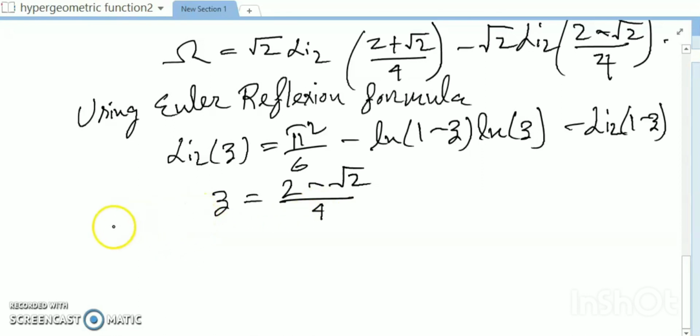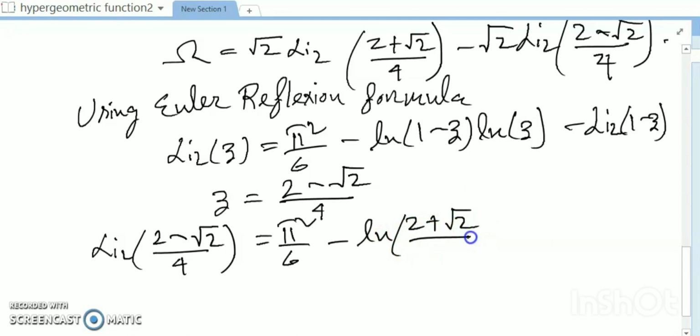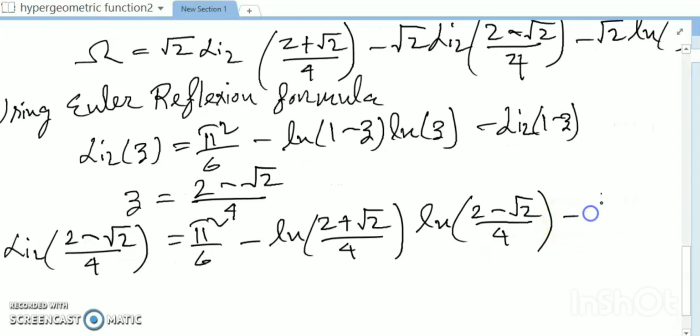Whatever I get, li2((2 minus root 2) divided by 4) equals pi square by 6 minus ln((2 plus root 2) divided by 4) ln z, where z equals (2 minus root 2) divided by 4, minus li2(1 minus z), with 1 minus z equal to (2 plus root 2) divided by 4.